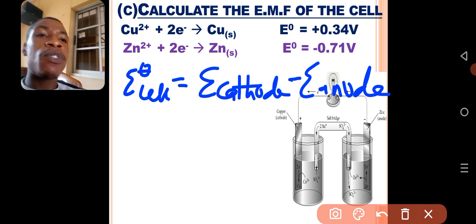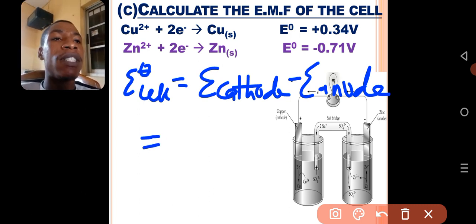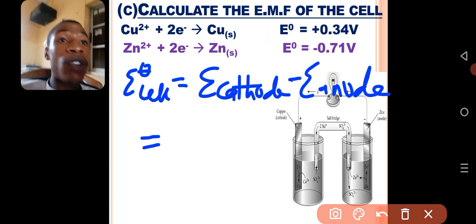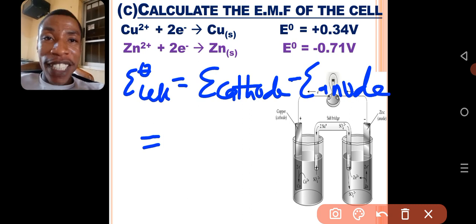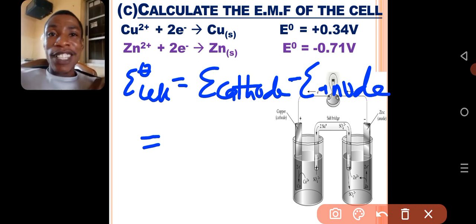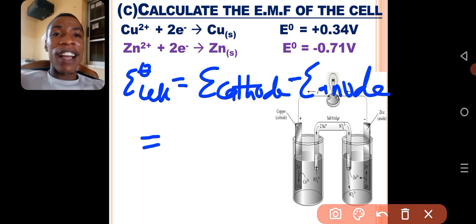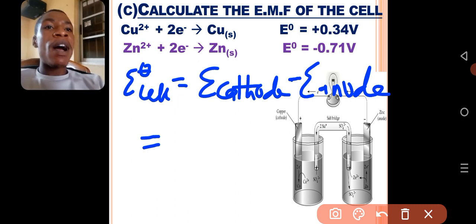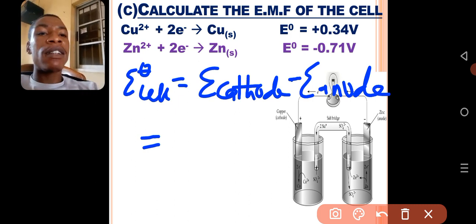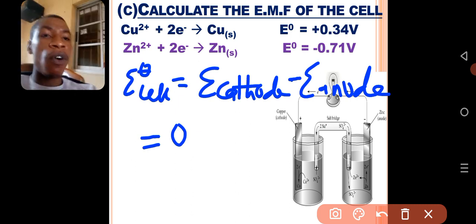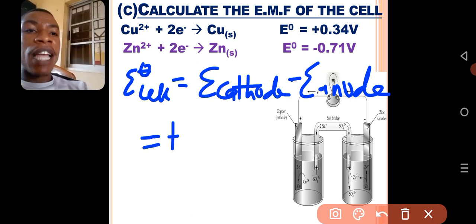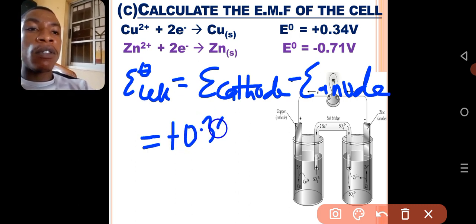So what's that giving to us? Our cathode is copper because it has the higher reduction potential, or if you like, because it's lower than zinc. So our cathode is copper, that is 0.34. You can put the sign, plus 0.34.